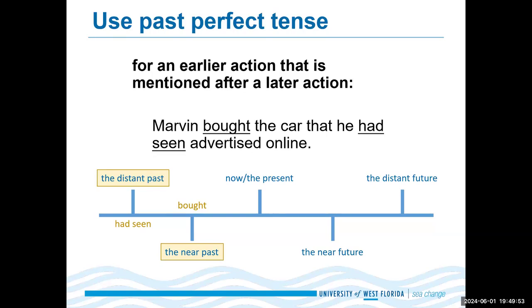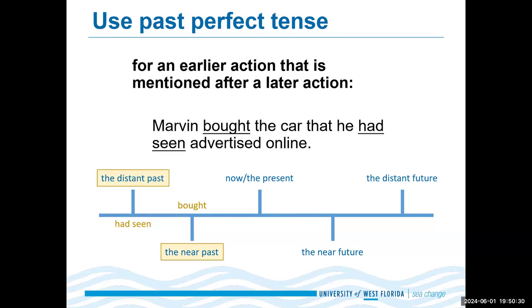Dito na pumapasok si bought. Okay? So parang sa isip natin, nabili ni Marvin yung car na nakita din niya online. So basically, the first action was he had seen, because if he hadn't seen that, kung hindi niya nakita online, probably hindi din niya mabibili, no? Because basically we can understand that Marvin has no knowledge at all of that car.